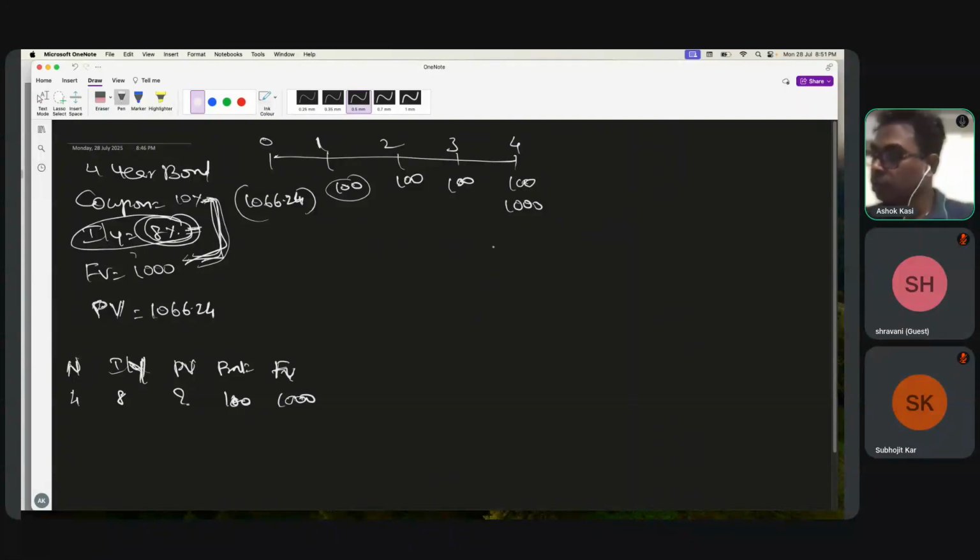When you paid 1066.24, you are getting 100. Now what will you do with this 100? You are going to reinvest it, let's say the interest rate in the market is 8 percentage. How much will it come to after 1 year, 2 year, 3 year? Just calculate this.